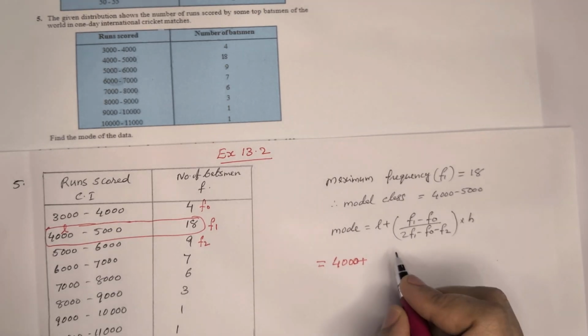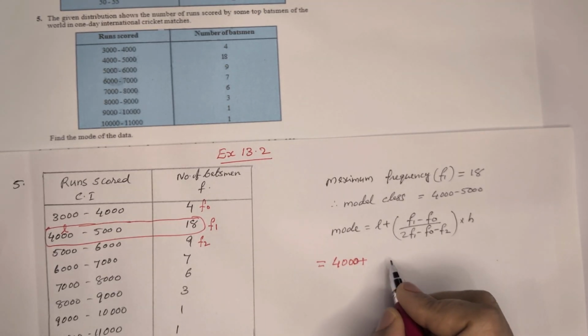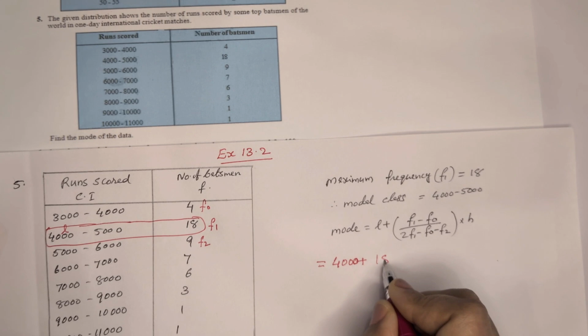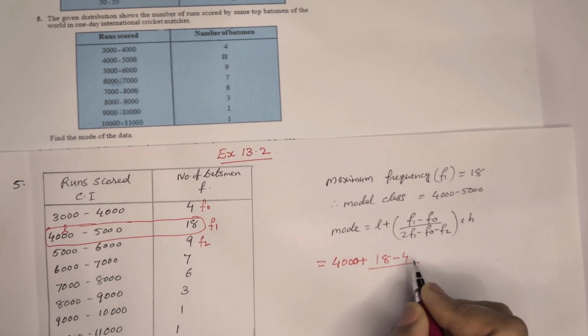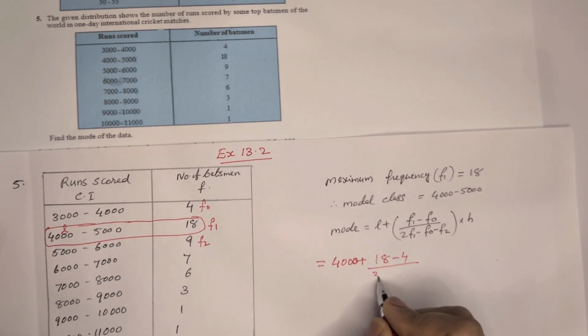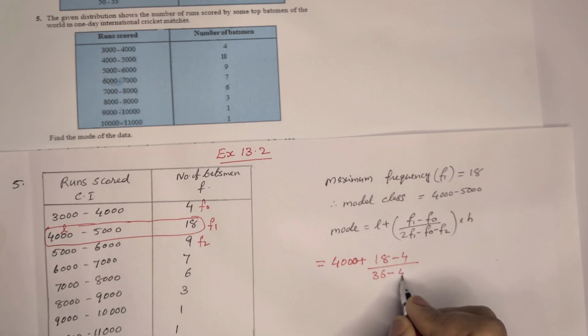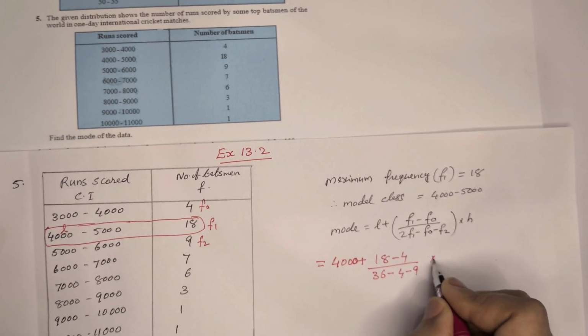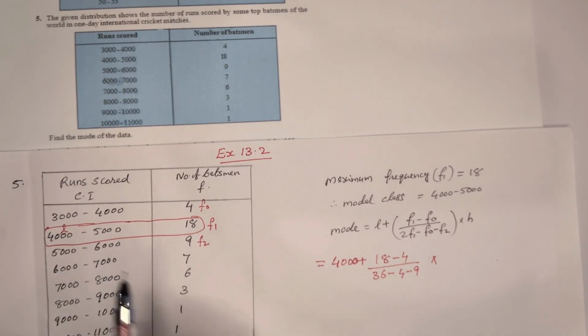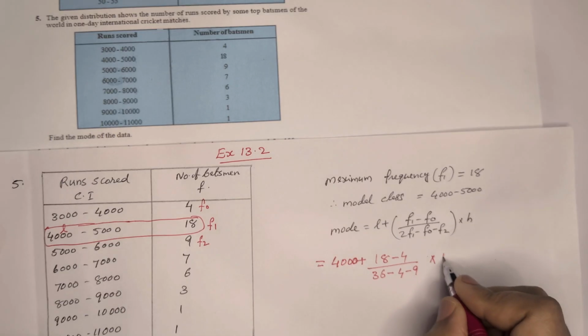4000 plus F1 minus F0, 18 minus 4, by 2 into 18, 36 minus 4 minus 9, that into the class size, that is 1000.